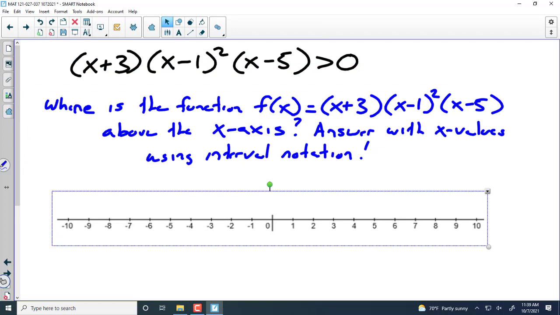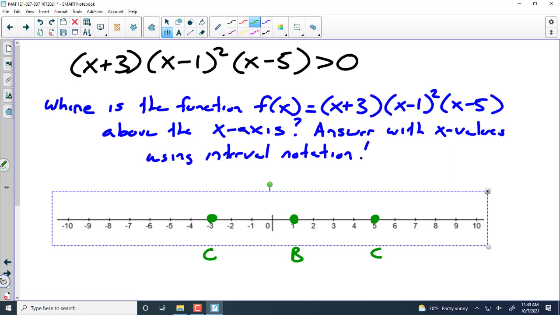Let me mark on this x-axis all of my zeros that go with this factored polynomial: -3, 1, and 5. Everyone okay so far? Let me also put a little C here, a little B here, and a little C there. Who knows what those stand for? Cross, bounce, and cross.